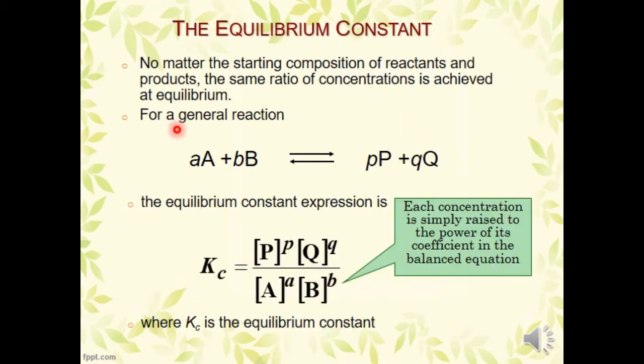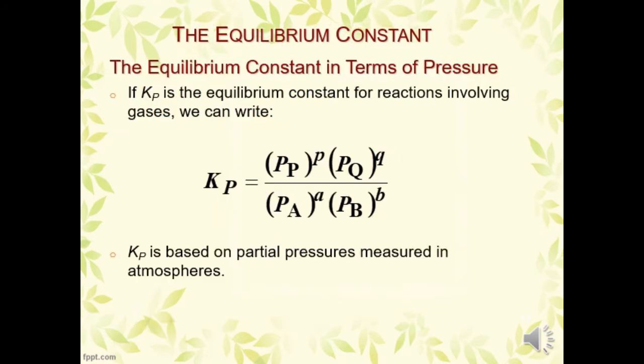So how do we write the expression? Let's say we have a general reaction here, aA plus bB gives product pP plus qQ, and a, b, p, q, the small letters, are the coefficients. When we write the expression for Kc, the equilibrium constant in terms of concentration, we use square brackets and the small letters become the powers, the coefficients. Now if it involves gas, it's the same thing.